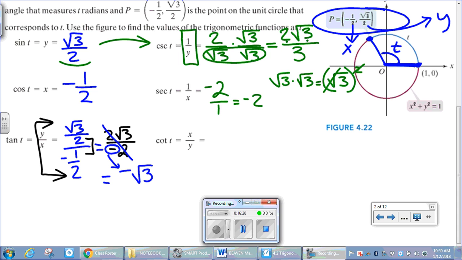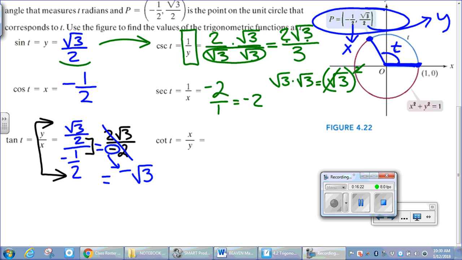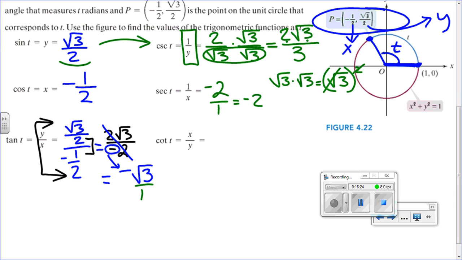And then the next one, for cotangent, we need the reciprocal of tangent. So that's going to be negative 1 over the square root of 3. And again, we need to rationalize. So we multiply by the same number as the denominator, which is the square root of 3.